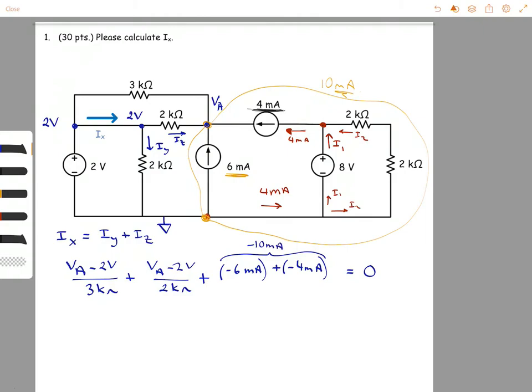So we need to get a common denominator here. We have 3, 2, and we need to multiply this with 6 kilo ohms.